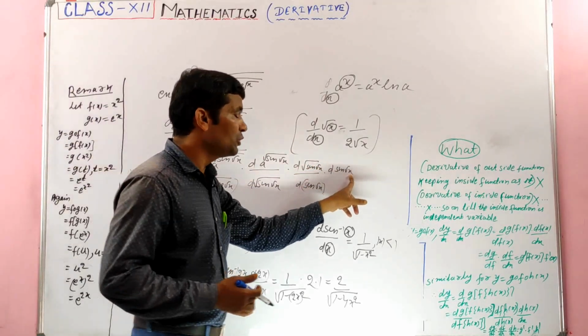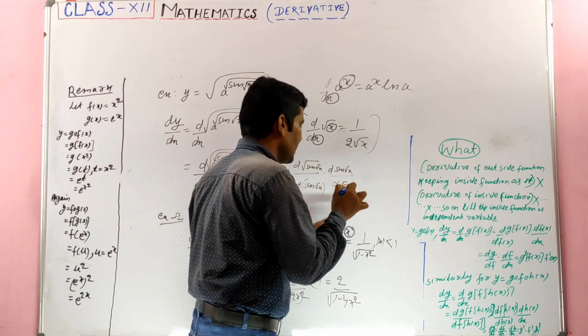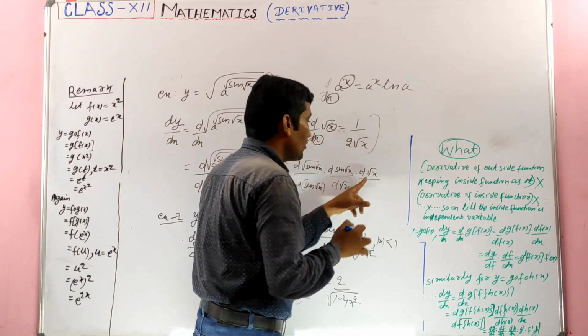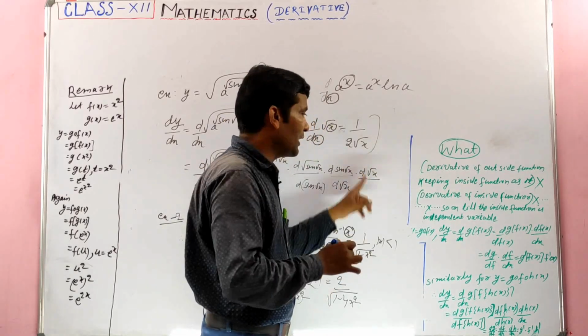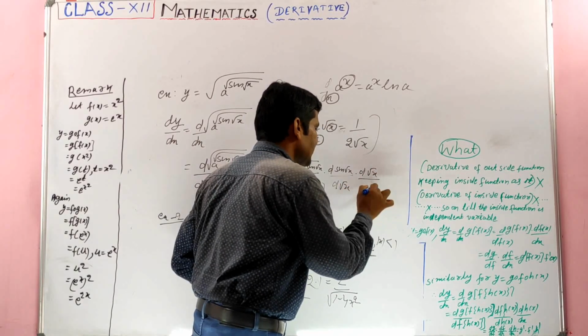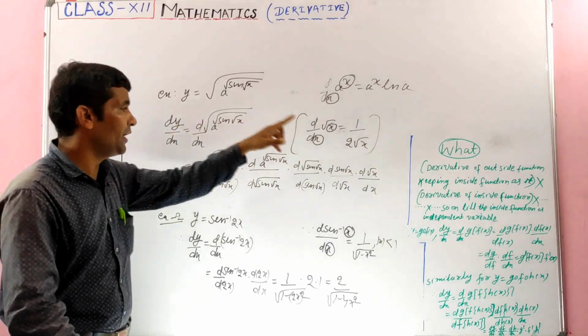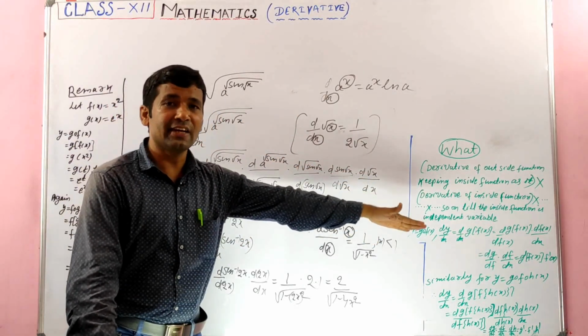Now the inside variable is what? Root x. So now write d root x. Divided means multiplied by d root x. Now what is the variable inside the root? This is the x. So our process terminates. We can write here dx. See here, this dx will be at the end. And how long will it extend?